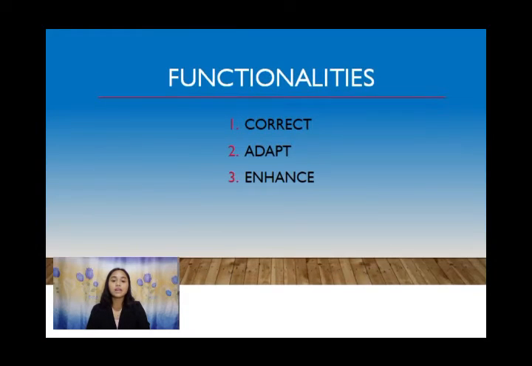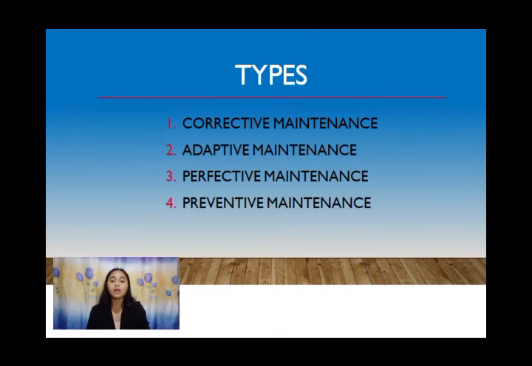Software maintenance has three functionalities, which are to correct defects, adapt the software to meet the changing environment, and enhance functionality to meet the evolving needs of the customers. Software maintenance also has four types. These are corrective maintenance, adaptive maintenance, perfective maintenance, and preventive maintenance.